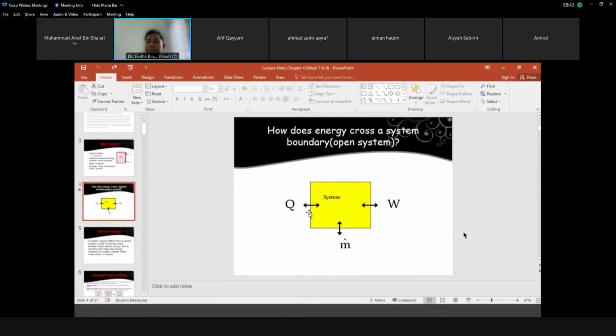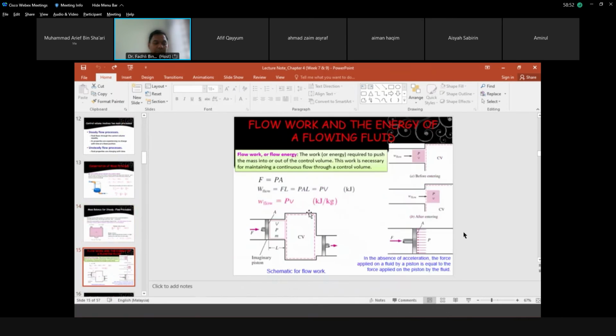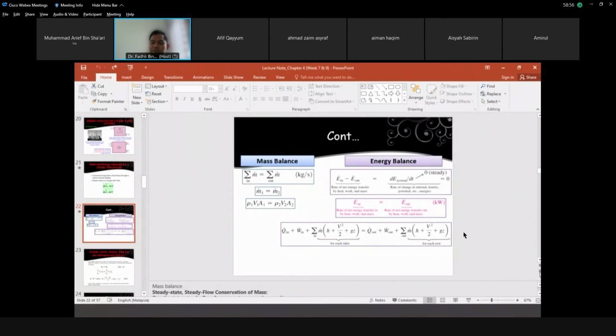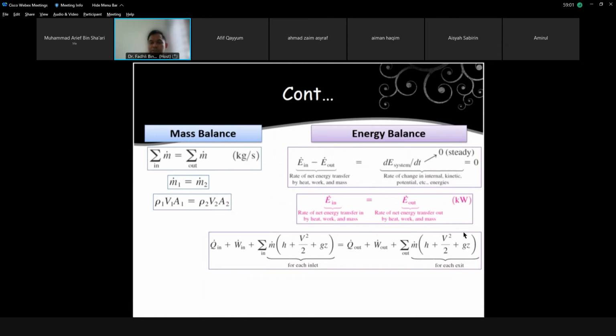So ketiga-tiganya membawa tenaga, energy. That's why in our energy balance equation here, mana dia? This one kan.